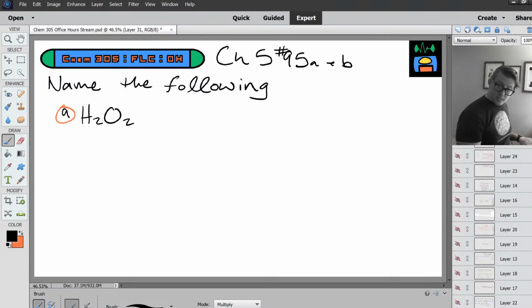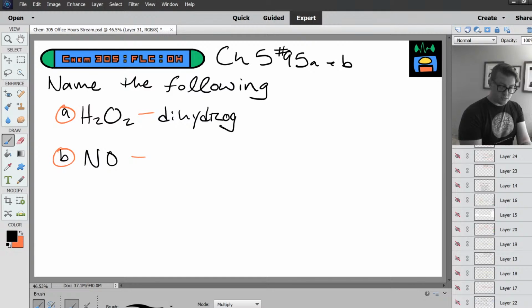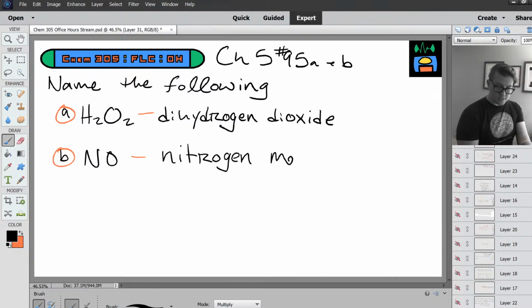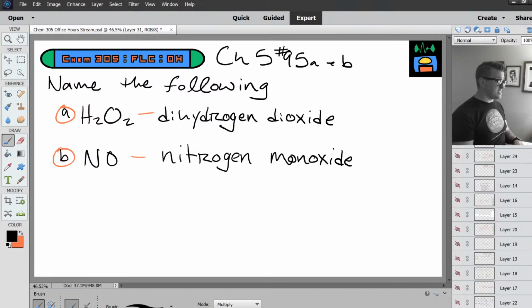A is H2O2 and B is NO. So just using our normal covalent naming system, this would be dihydrogen dioxide, and this would be nitrogen monoxide. So that is how you would name both of those.